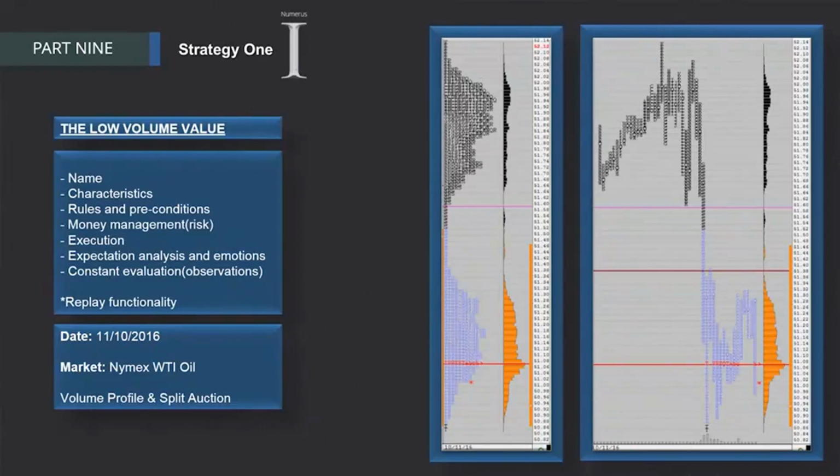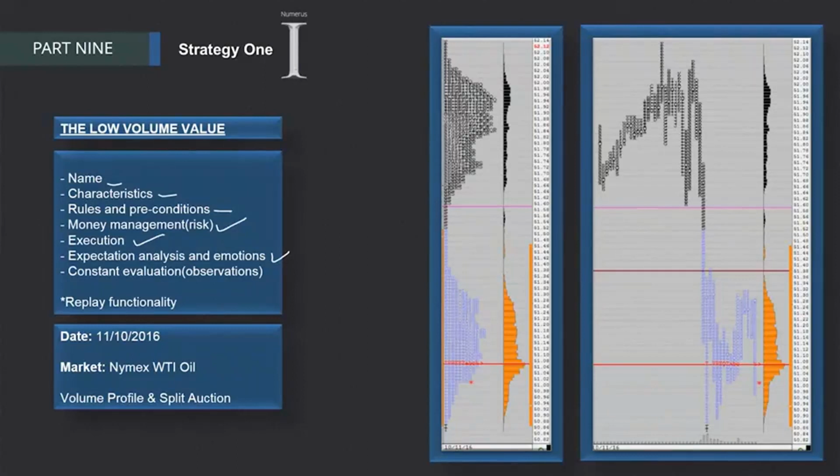As we go through the strategy, I'm going to cover some of the following elements: the name, the characteristics, the rules and preconditions for the trade, money management, execution, expectation analysis and emotion analysis, as well as the concept of constant evaluation, before we then move on and begin our series of replay functionality.